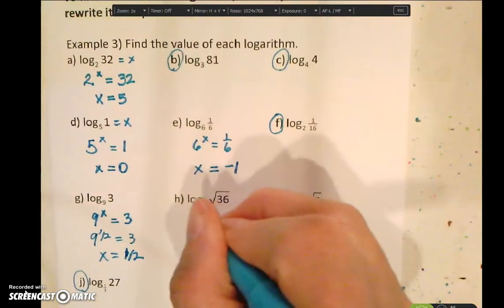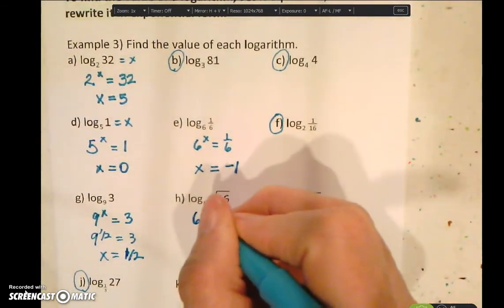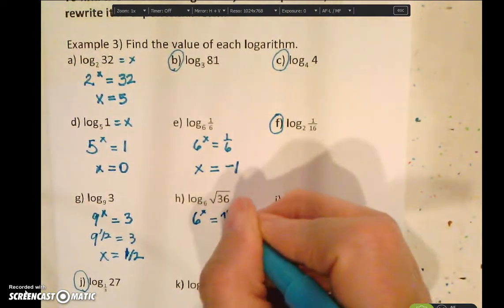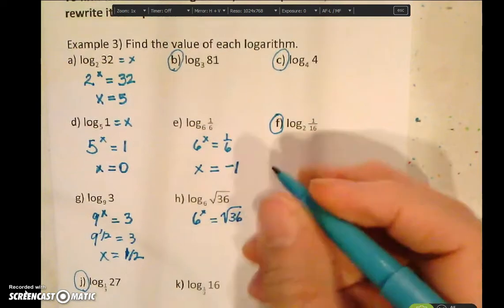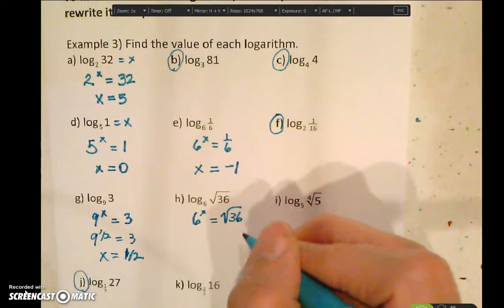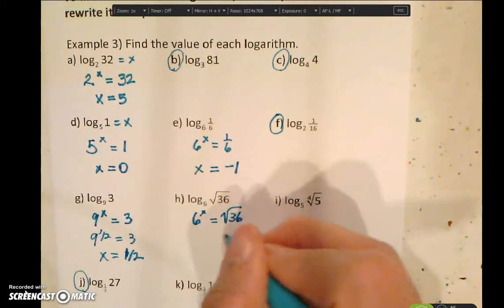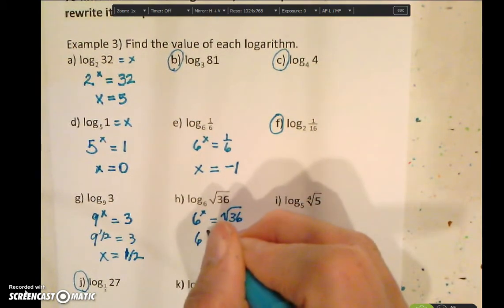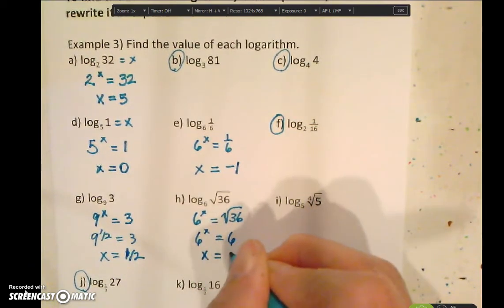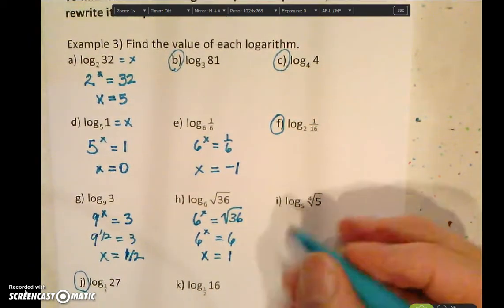H, I have 6 to some power is equal to the square root of 36. So 36 is actually 6 squared, right? So the square root of 36 is 6. So 6 to the x is equal to 6, so x must be equal to 1.